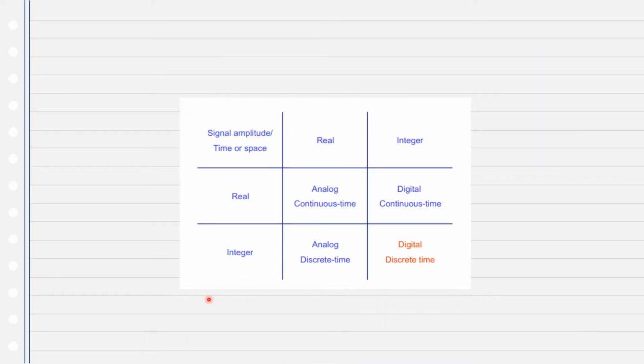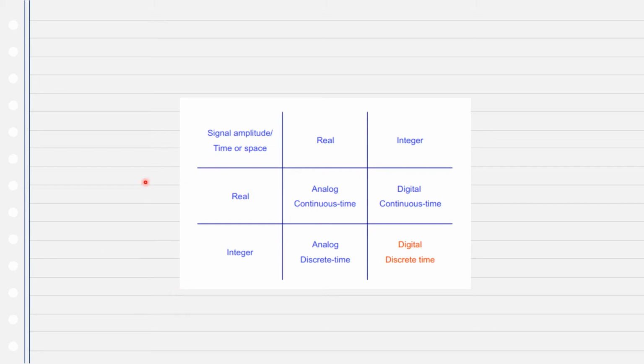Based on the four classes of signals that we've seen so far, there are two things which we need to look at. One is the amplitude, and the next is when the signal exists.